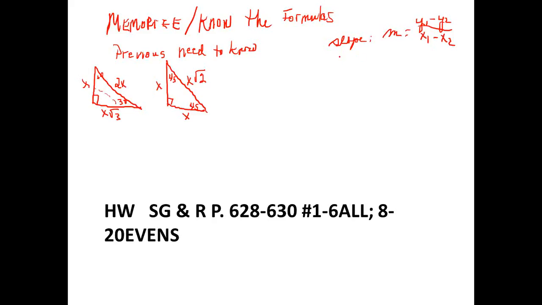But now once you have the slopes, if the slope of one is equal to the slope of the second one, you have parallel lines.